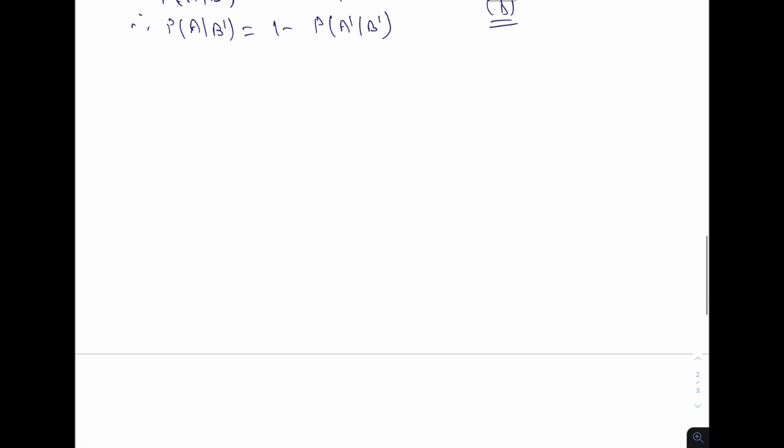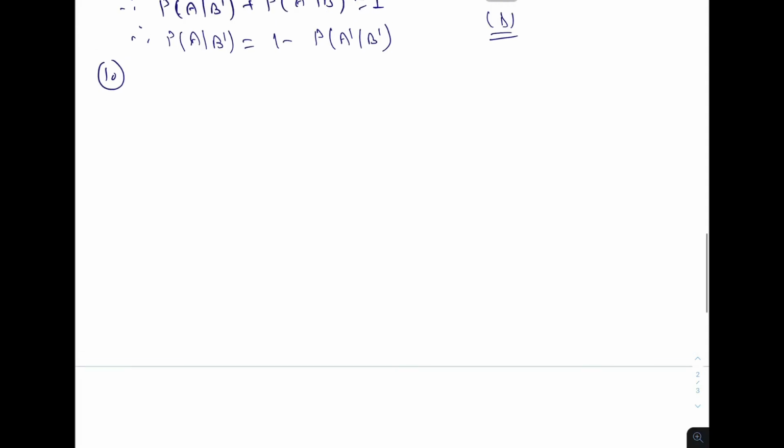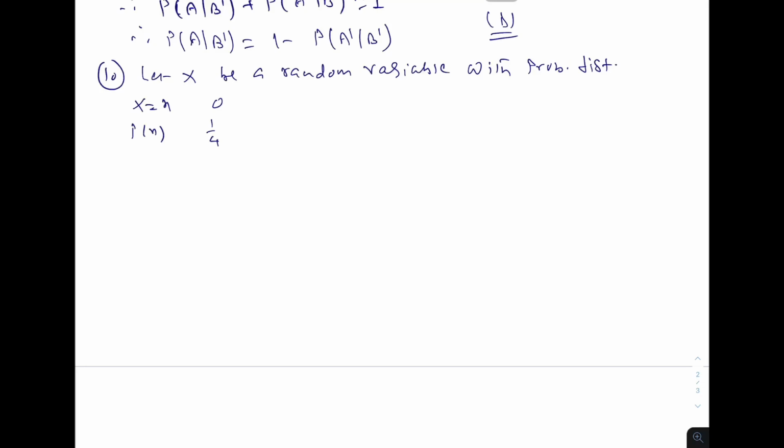Okay, next let us see. Let X be a random variable with probability distribution: x equals 0, 1, 2, 3 with P of x being 1 by 4, 1 by 8, 1 by 2, 1 by 8.